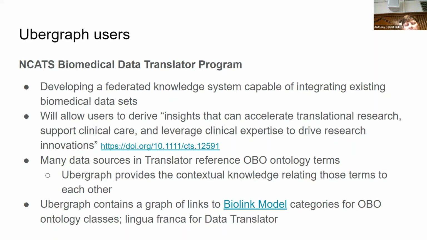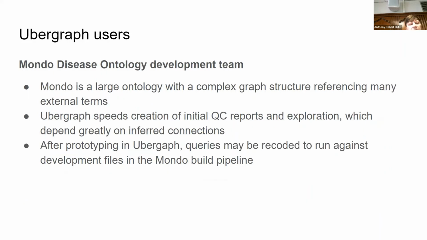Ubergraph has a graph of links to Biolink model categories as part of it, which is kind of relevant to Data Translator. That's sort of the data model that unites it. The Mondo disease ontology development team uses Ubergraph quite a bit just for ad hoc queries, doing initial versions of QC reports and exploring inferred connections.